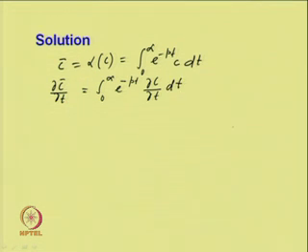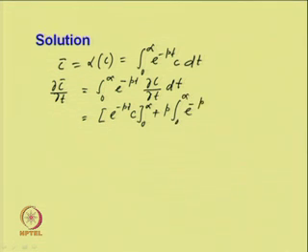Now, putting the limit, this will be equal to e to the power minus p t C from 0 to infinity plus p integral 0 to infinity e to the power minus p t C dt.